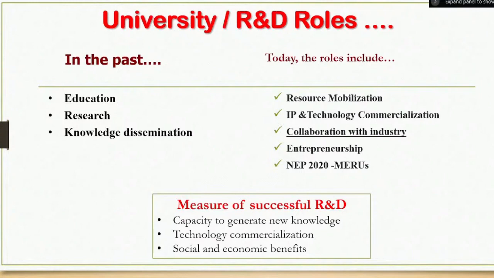And of course, as a result of this, you get social and economic benefits, and development takes place. So technology development, IP generation, IP protection, IP commercialization has enormous implications for the socio-economic development of any nation.